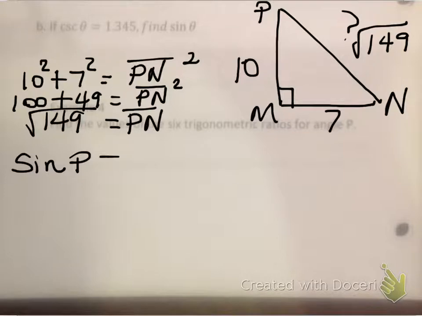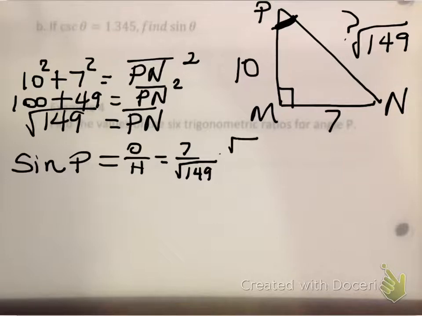Okay, so we need to find the sine of P. Here is our angle P that we're focused on, and sine is opposite over hypotenuse, so opposite is going to be 7, and the hypotenuse is rad 149. Now, if you remember, we can't have rads in the denominator, so we're going to have to get rid of the rad, and in order to do that, we do rad 149 over rad 149.